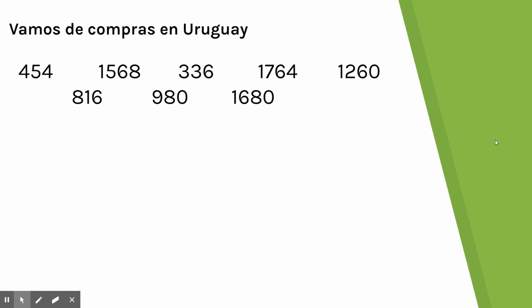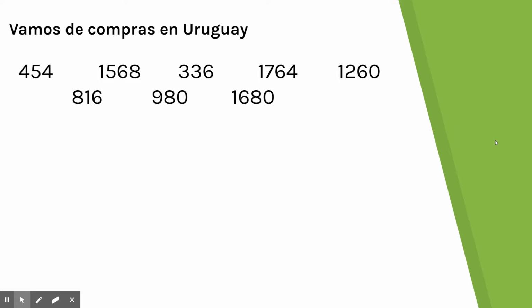So if you remember, 1,000 is 1000. For 700, it is 700. Kind of sounds like siete, right? A little bit different. 1764.